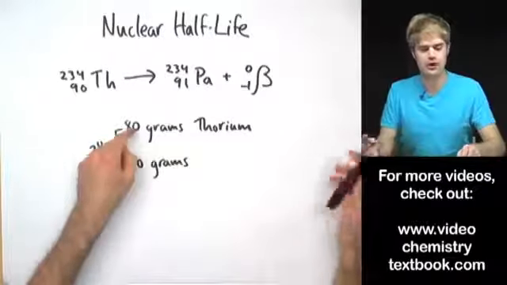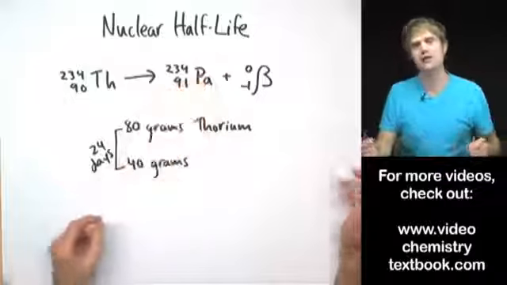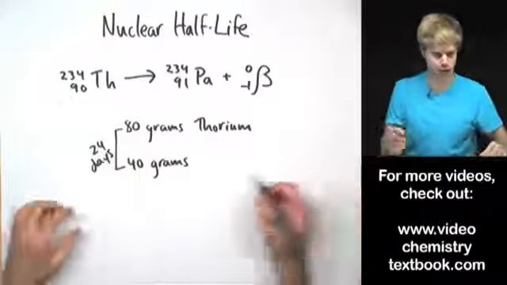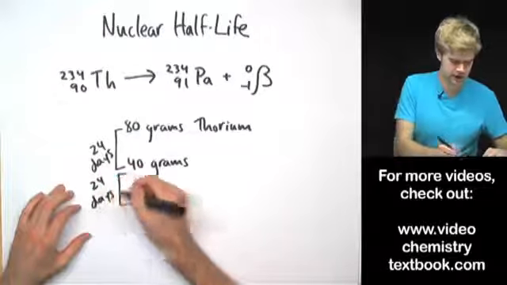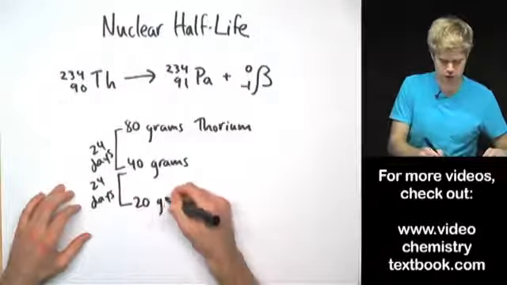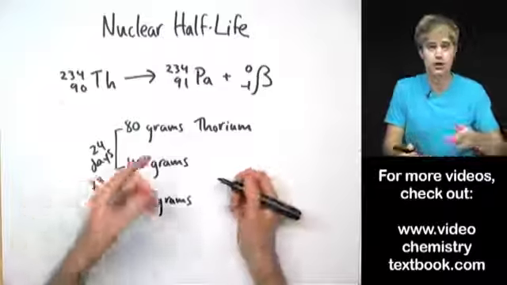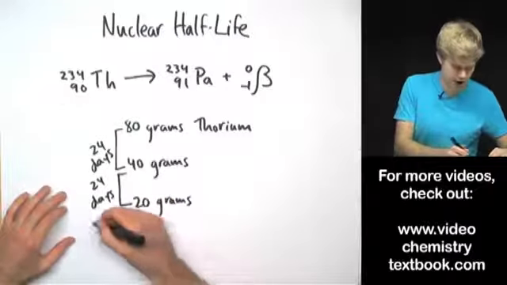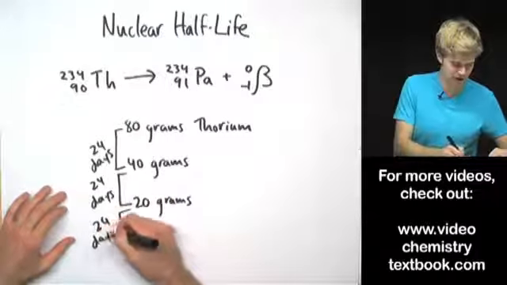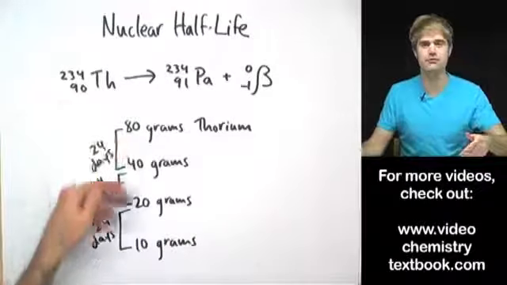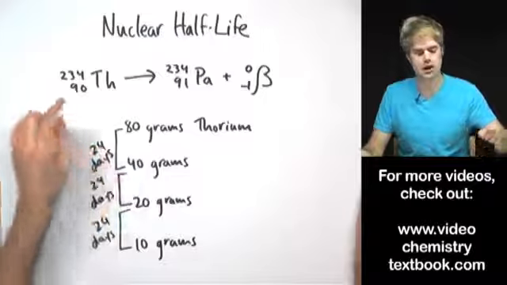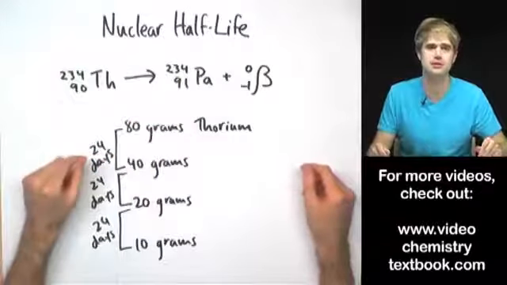The other 40 grams of thorium have turned into protactinium. Okay, so I'm only left with 40. Now, after another 24 days, there's only 20 grams of thorium left. And after another 24 days, there's only 10 grams of thorium left. All the rest has turned into protactinium.